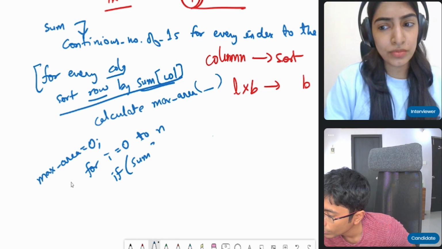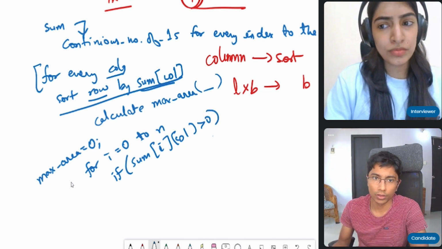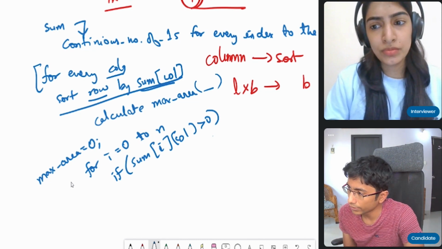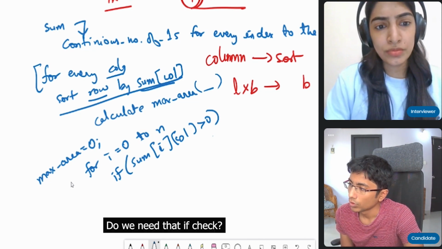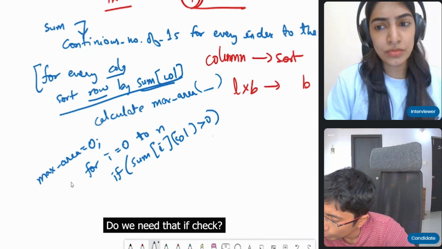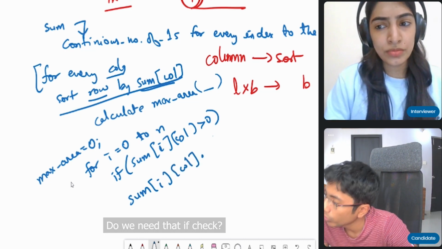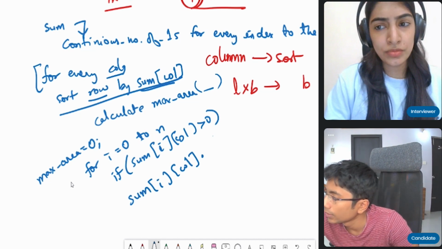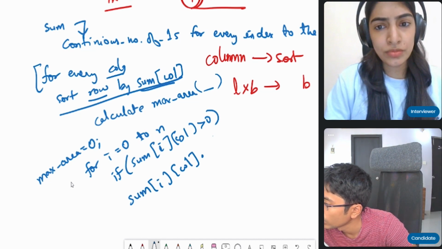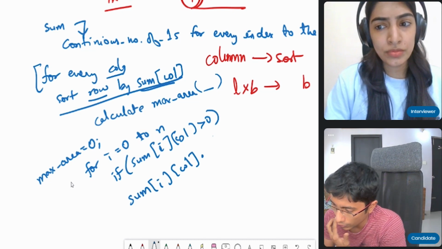If the sum for this row and column is greater than 0, then I know that I can start looking at this as a potential area candidate. So sum of i comma col, that is this number here or here, into the remaining rows.